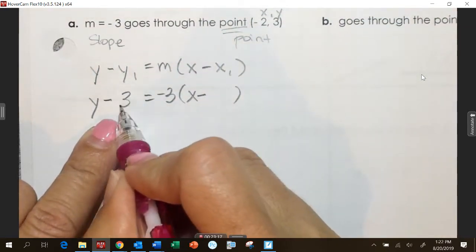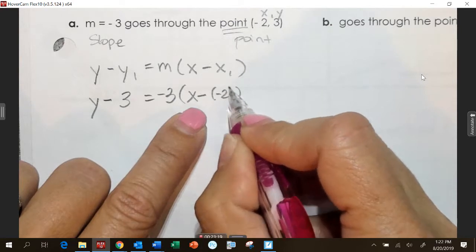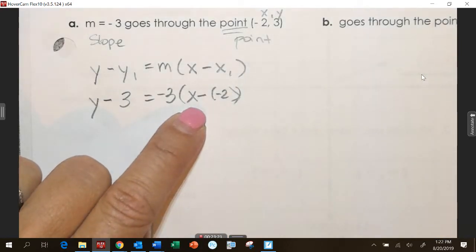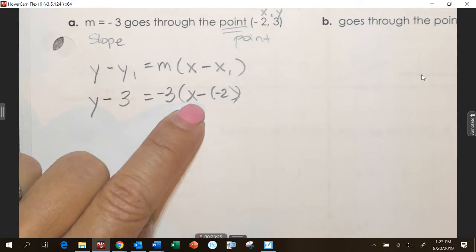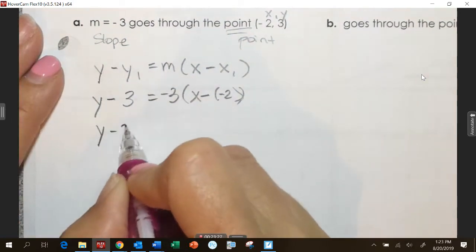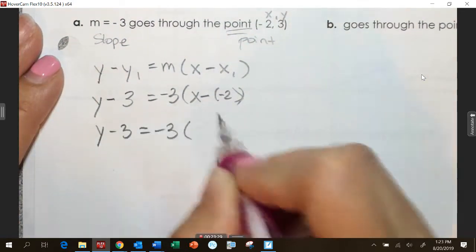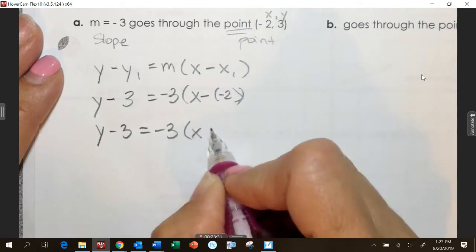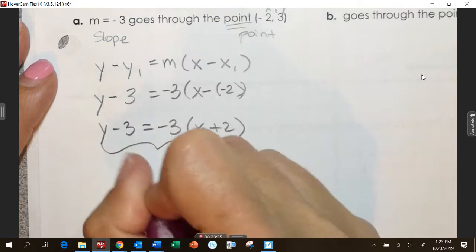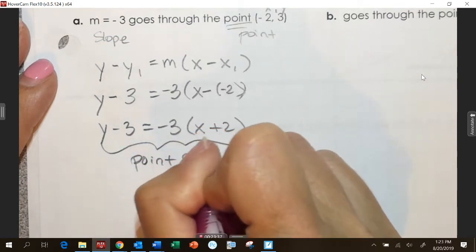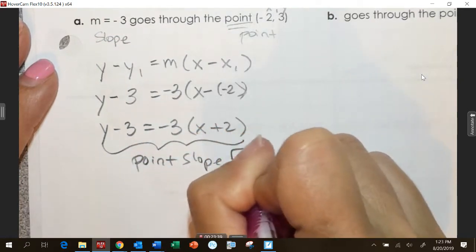So I'm going to put the 3 here, and then the -2 with the x. Then I'm going to simplify that, so I have y minus 3 equals -3 times x plus 2. This right here is point slope form.